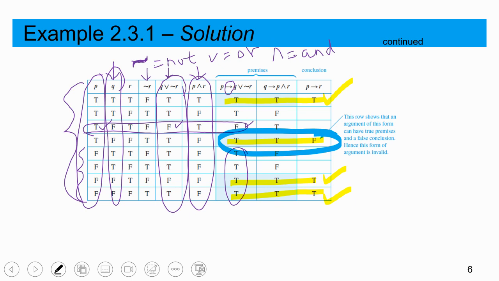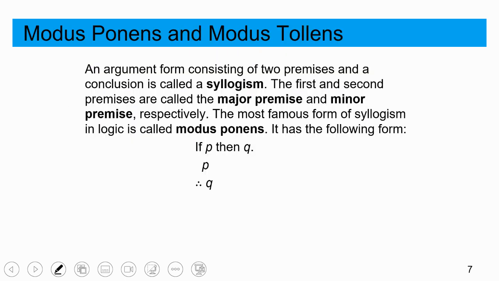This is not a valid argument form because there is the possibility that the two premises could be true, but the conclusion is false. Now, granted, there are lots of cases where it would actually work out, but since it doesn't work out in all critical rows, then we cannot say that it is a valid argument form.